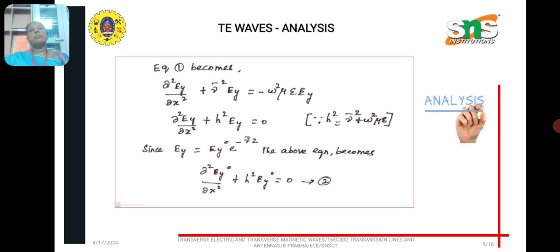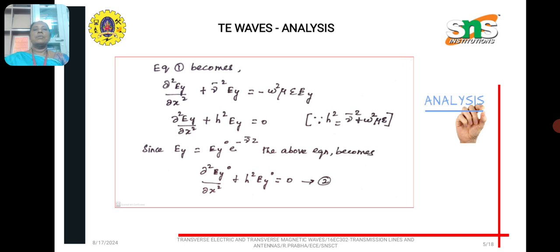So we can write equation 1 as dou squared Ey by dou x squared plus gamma squared Ey is equal to minus omega squared mu epsilon into Ey. Bringing the right hand side term to the left side and combining the second and third terms, we get dou squared Ey by dou x squared plus h squared Ey equal to 0.